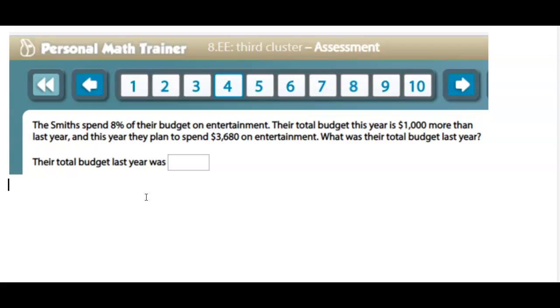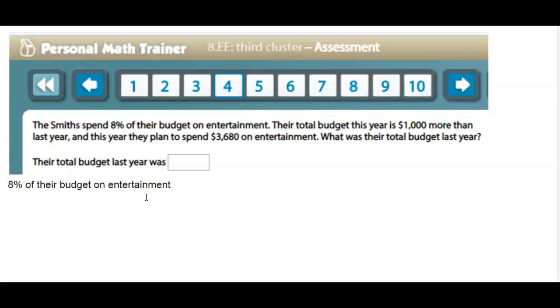So I start off with the first information. It says that they spend 8% of their budget on entertainment. Okay, so 8% of their budget. And then this year, they spent $1,000 more than last year.